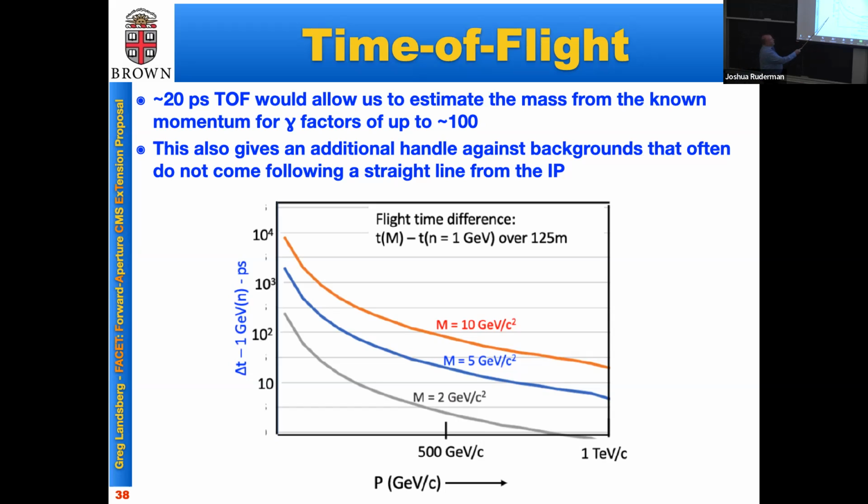This is basically the delay in terms of picoseconds for particles of different masses as a function of the momentum, whether they come from the collision point or somewhere closer to the detector. So we could, in principle, even calculate the mass of the particles using the time of flight as an additional handle.